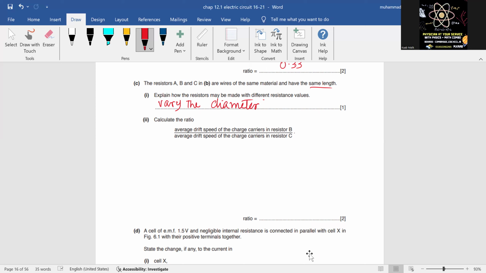So we know the current in both the resistors, and so I over nAq should be equal to v, right?